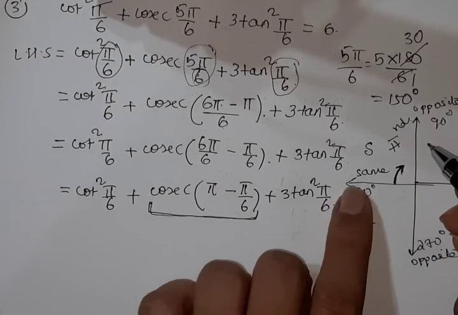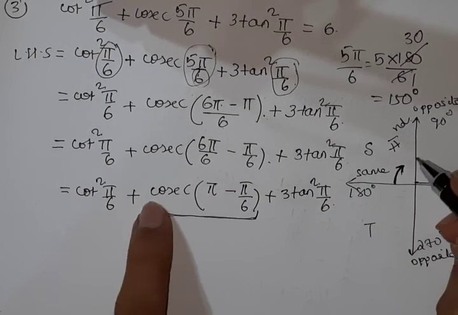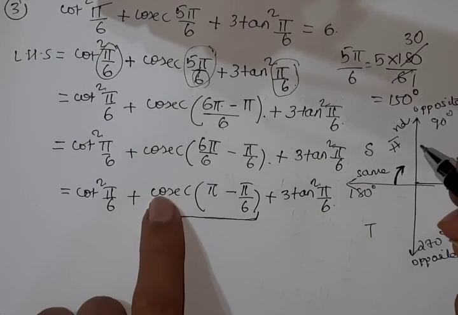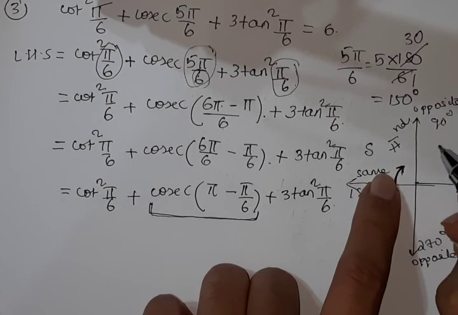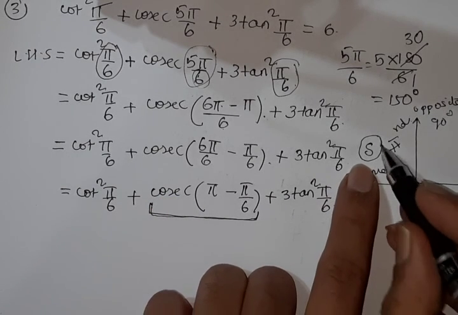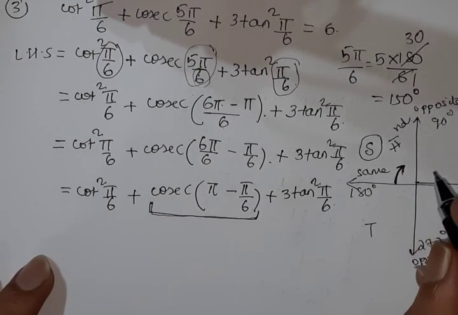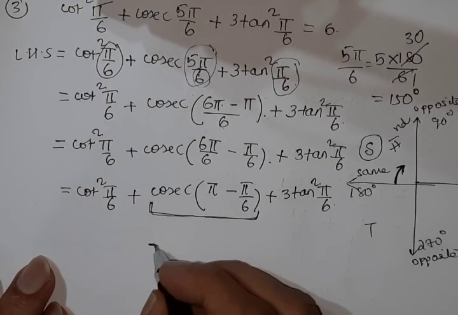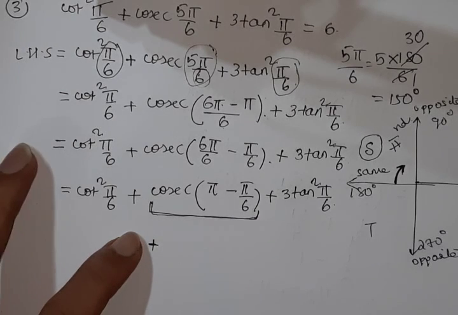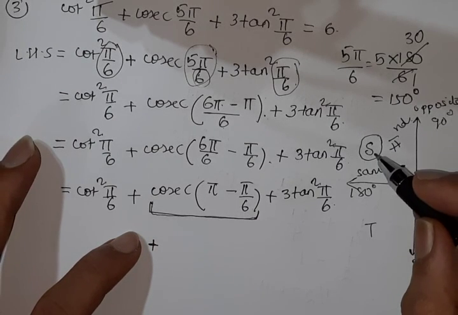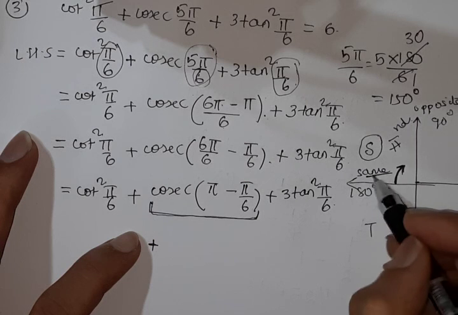So now what you check is the sine. You have the trigonometric ratio as cosec here. Here sine is positive, so cosec is also positive. So here this will be positive, then the ratio will remain the same.